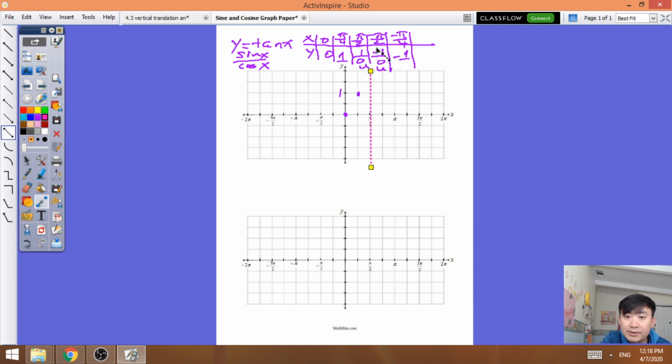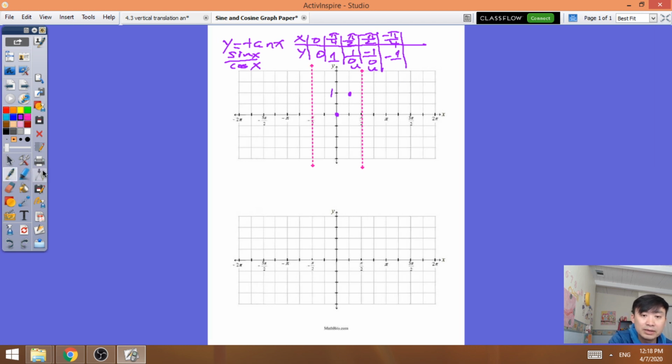And what else? Negative pi over 2 is also undefined, so over here is another vertical asymptote. And negative pi over 4 is negative 1, so that's all the way down here.